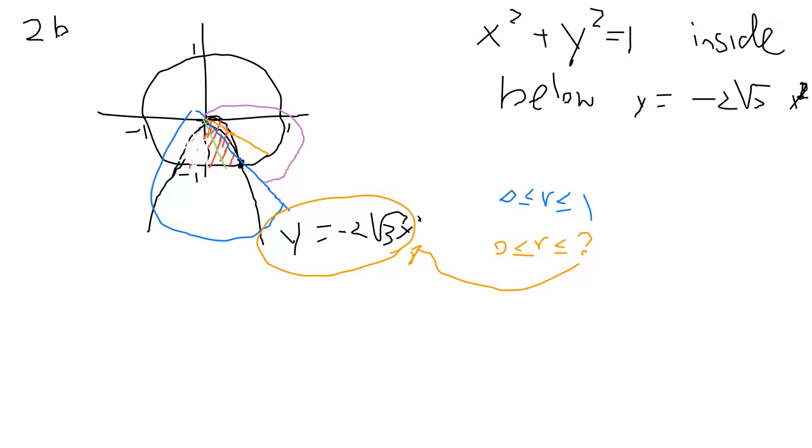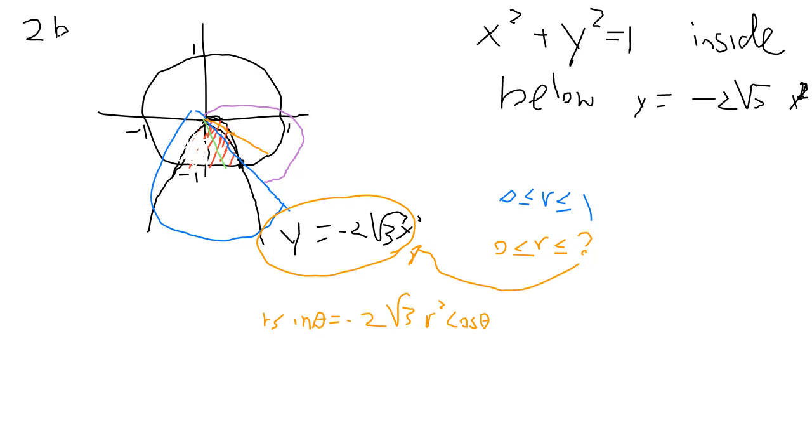Okay, so maybe let's compute this. So how do we get the bounds for r? Well, we simply take y and x and substitute the polar coordinates, right? So y is equal to r sine theta, and x is equal to r cos theta. Now we want to find the bounds for r, so we want to isolate r.